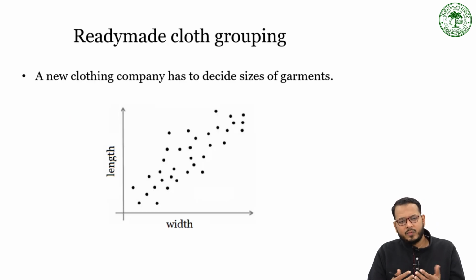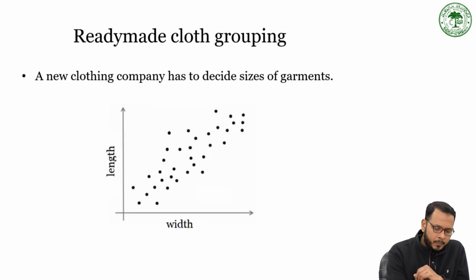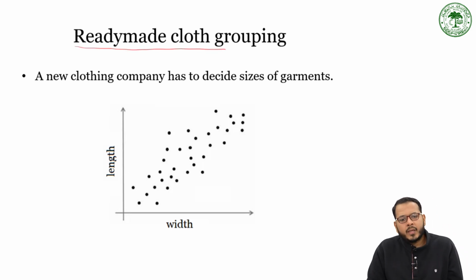Now let's see where we exactly use clustering. It has many applications, but for this specific lecture, let's discuss the example of ready-made cloth grouping. Let's say a new company is setting up its base in a new country, and it wants to decide the sizes of the garments.